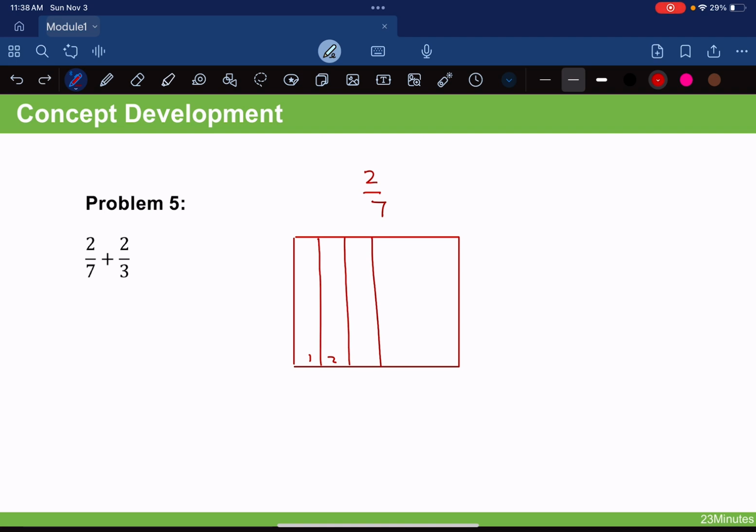So I now have 4 parts. When I cut again, I have 5 parts. When I cut again, I have 6 parts. So I need to cut another time, which is 7 parts. My numerator is 2. So I'm going to shade in 2 of those parts.